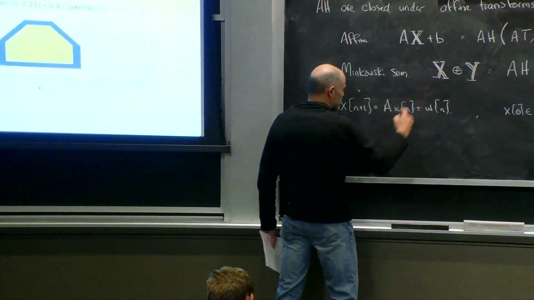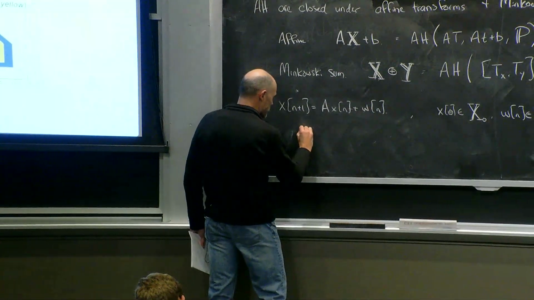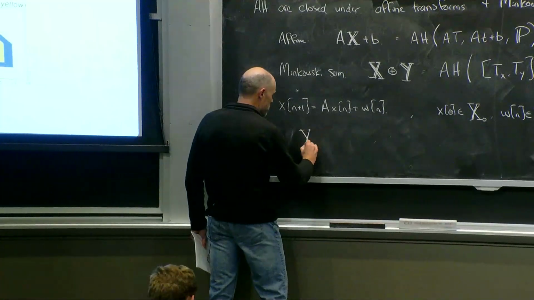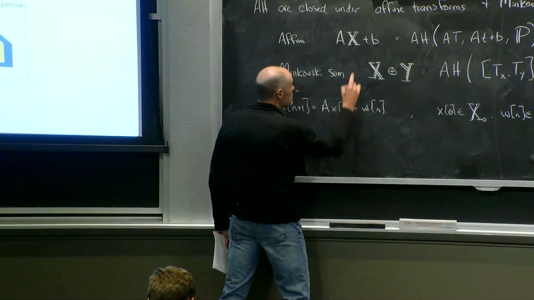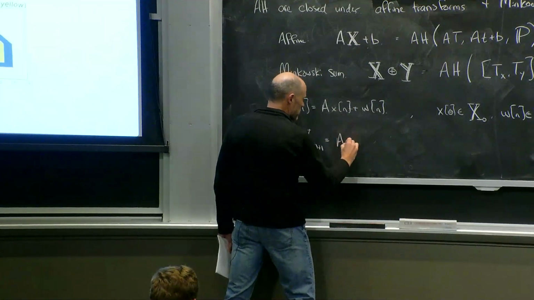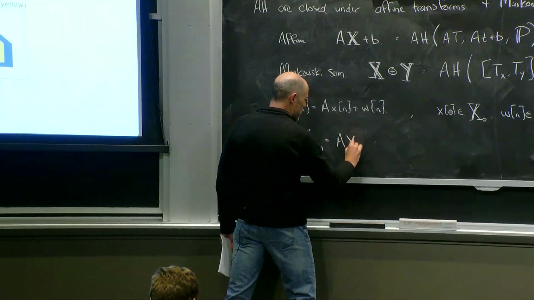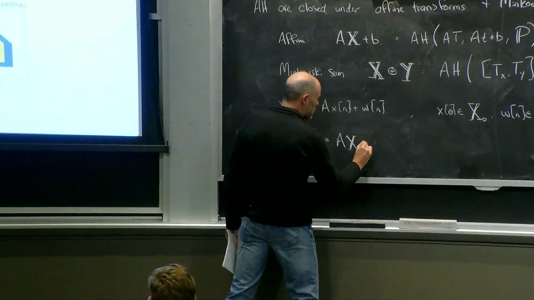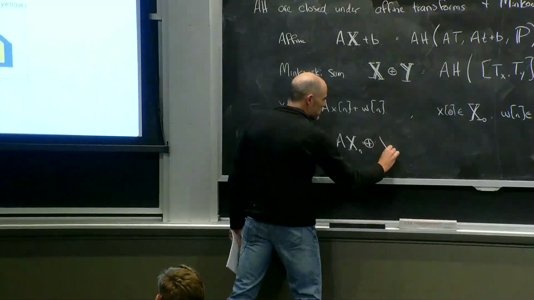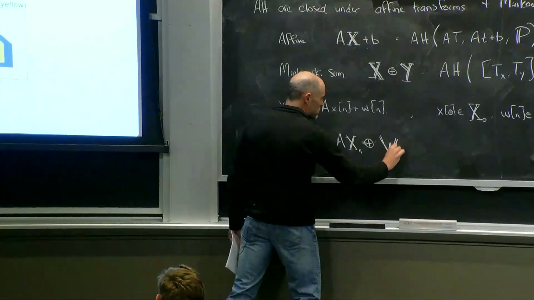Then, combining these two rules, I can just write the dynamics: x_{n+1} is a combination of these two. I have A times the set x_n, Minkowski sum W.